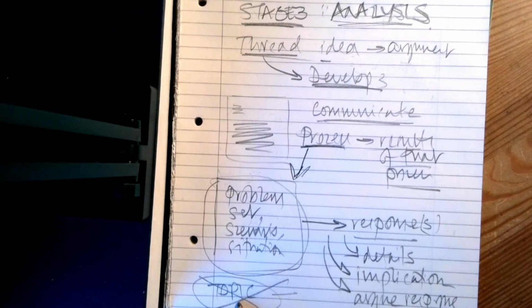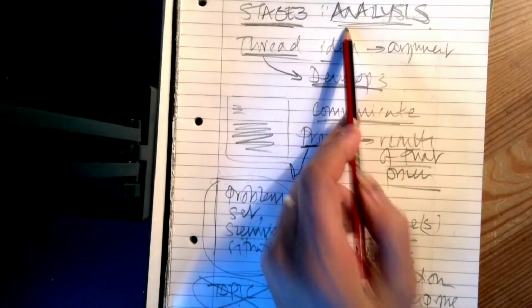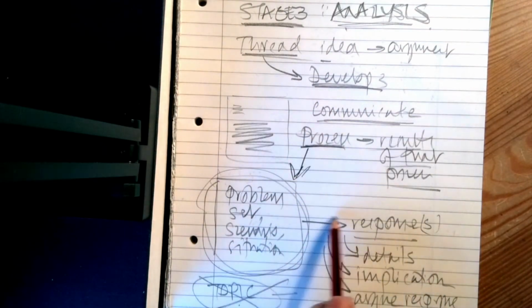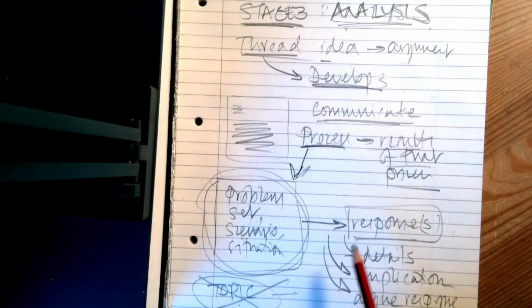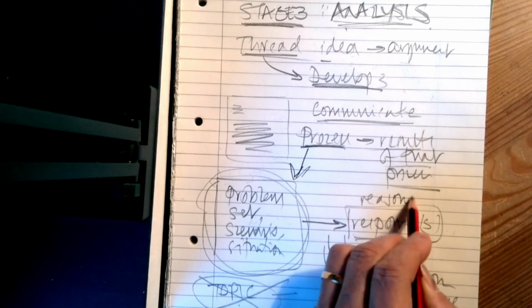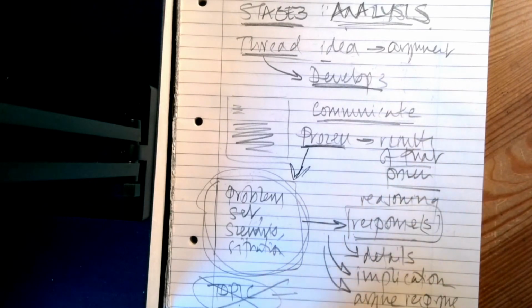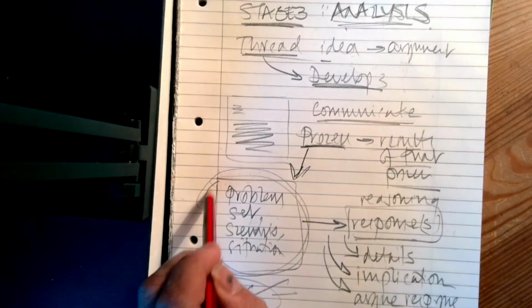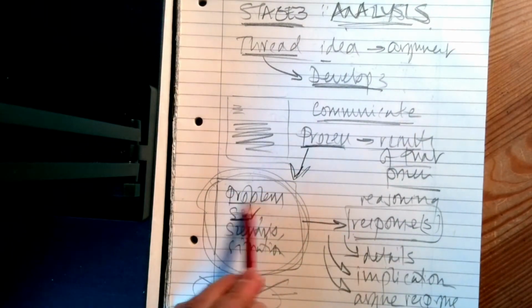If you just do it that way with a topic, you will simply end up writing descriptive material. Yes, it says this, it says that, end of story. That's not enough. To get an analysis, you have to see the article as a complex series of responses, providing you with the details, the reasoning behind this response, implications for a particular problem set.